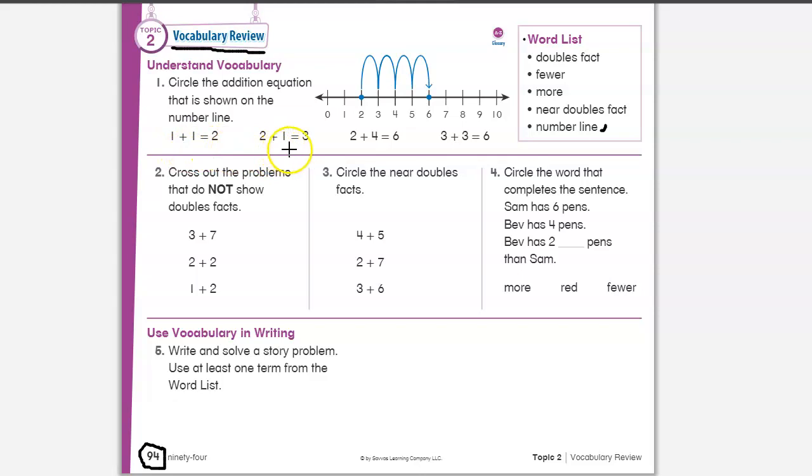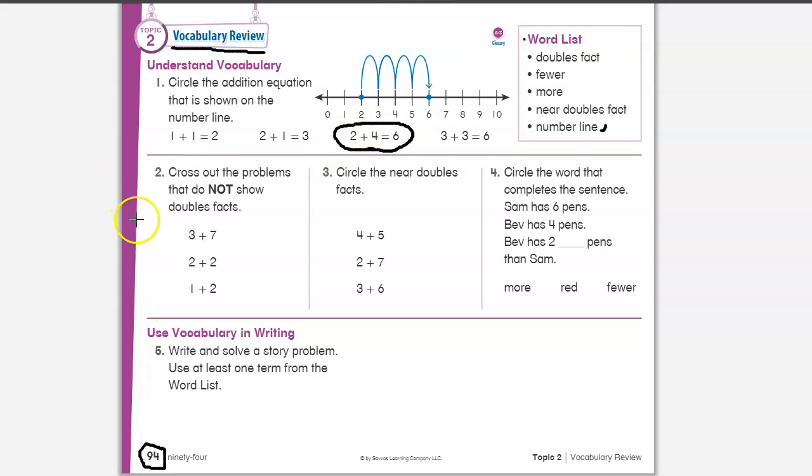Which one should we circle? Which of these addition equations shows 2 plus 4 equals 6? This one here. This equation says 2, where we started, plus 4, how many places we jumped, equals 6, which is where we ended on our number line. Awesome job.